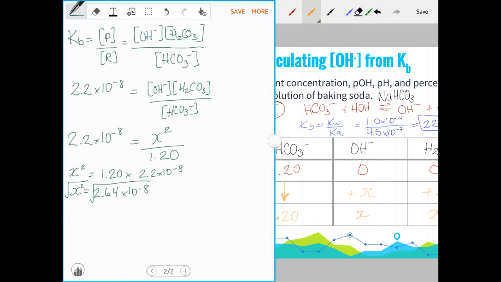So if I take the square root of x squared, it's simply just x. And when I take the square root of 2.64 times 10 to the negative 8, I get 1.62 times 10 to the negative 4. Okay, so this is equal to x, which means this is equal to my hydroxide ion concentration.